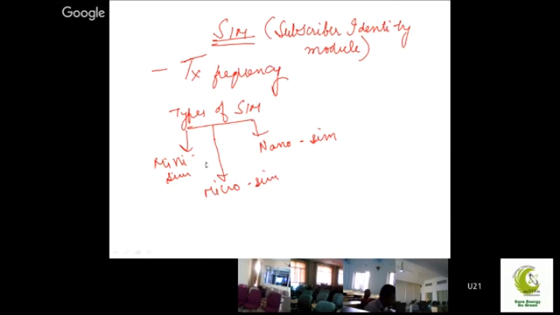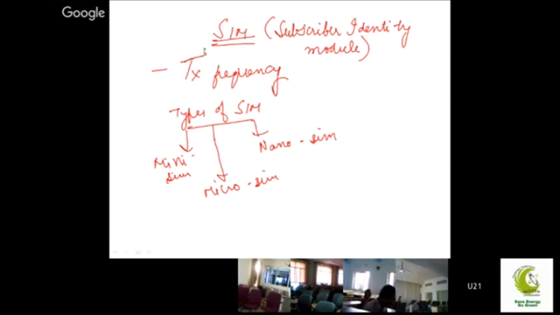But due to the advancement of technology of these mobile phones, we have these particular categories of the SIM. So it is very easy for the users or subscribers to use the network, whether 4G, 3G or 2G, at one time. So the first feature of the SIM is the transmitting frequency.